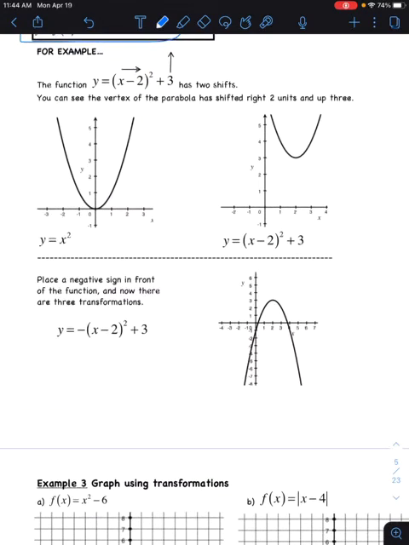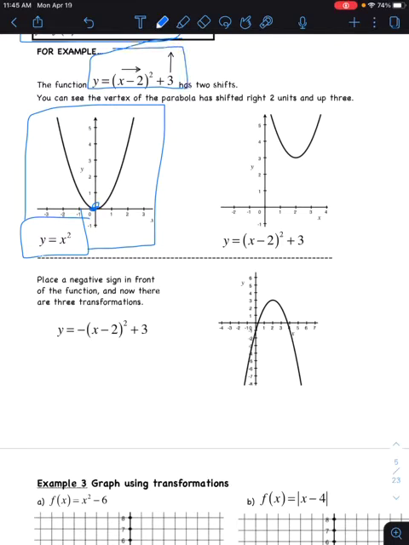All right, so say if we took this parent function here, this would form the parabola just like we showed on the last page, y equals x squared. The vertex would be at the origin, 0, 0. Now, what if we took a function and we started throwing some numbers in? Notice x minus 2 is in parentheses.